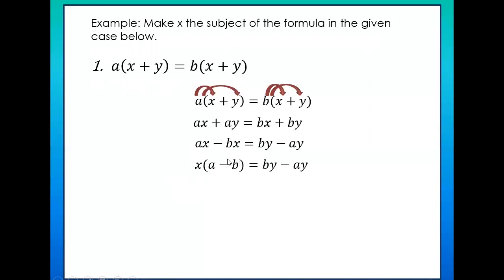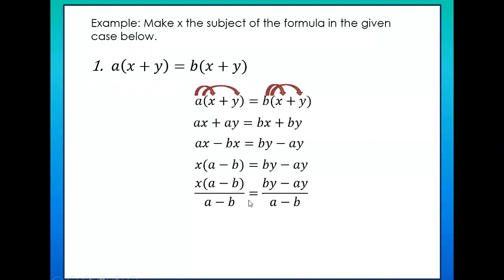So the inverse property of that, in order for us to remove this parenthesis, a minus b, is through dividing both sides by this quantity a minus b. Through that, we have x, open close parenthesis, a minus b over a minus b is equal to by minus ay over a minus b.